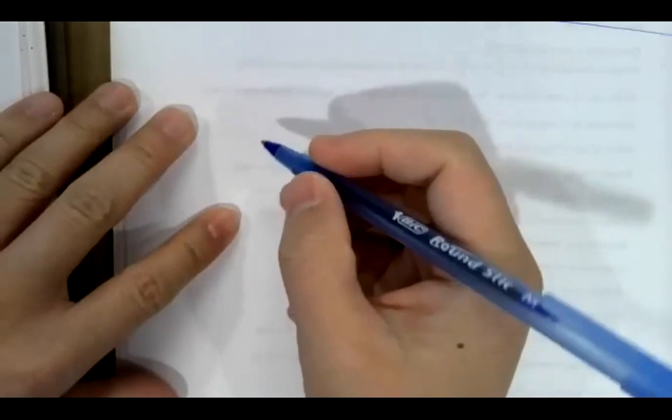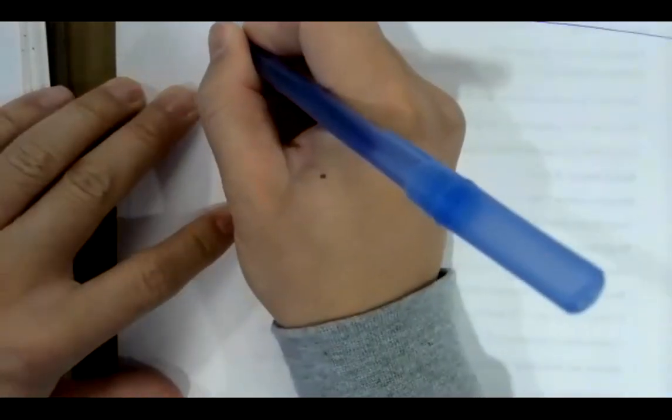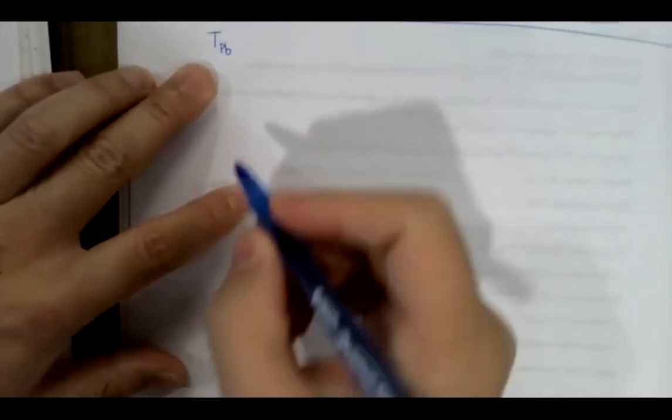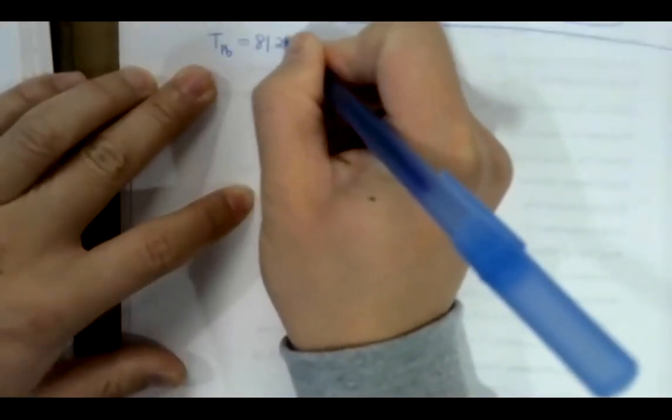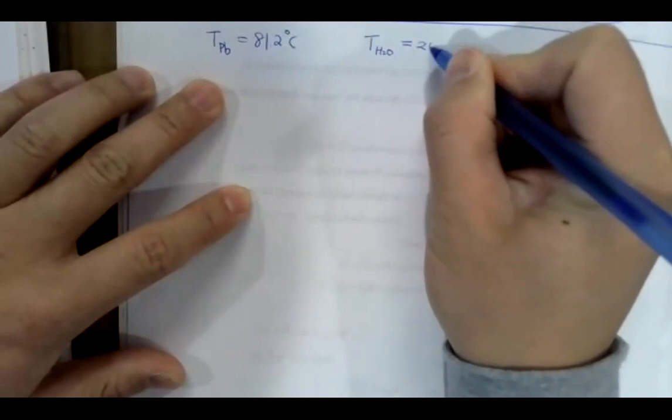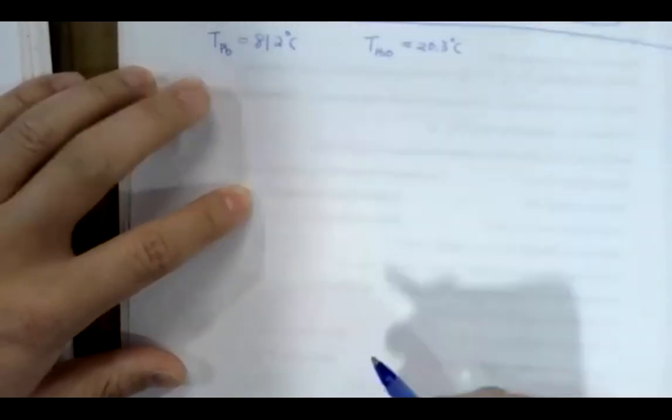So we'll list the knowns given by the problem here first. The initial temperature of the lead, I'm going to just use the chemical symbol of lead, Pb, for that. So T of Pb initially is 81.2 degrees Celsius, and T of water initially is 20.3 degrees Celsius.